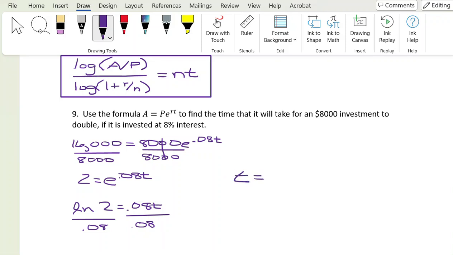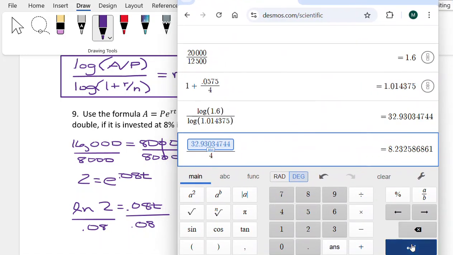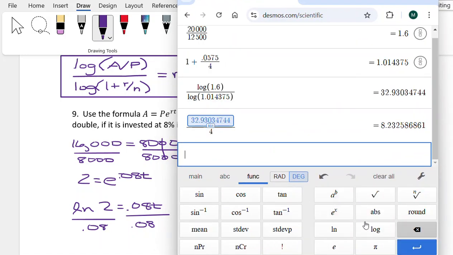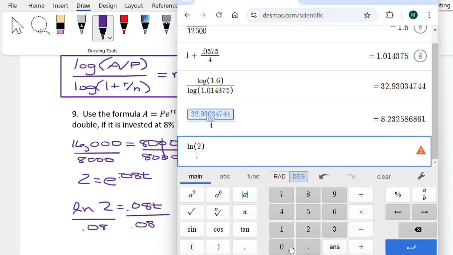So let's do that on the calculator. We get 8.66.